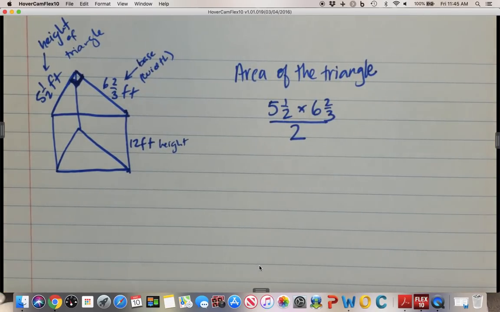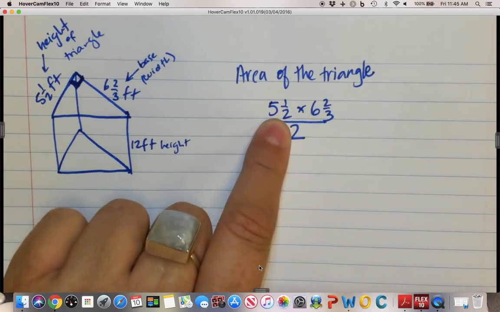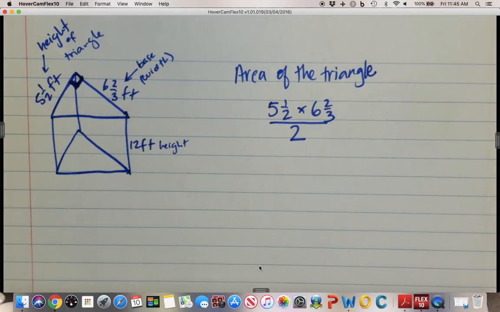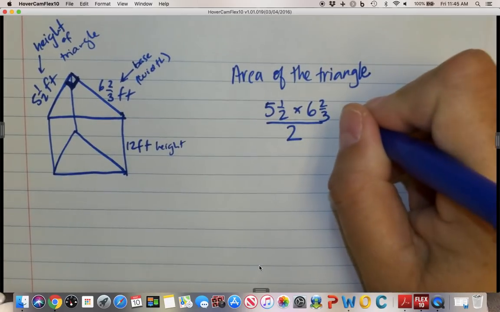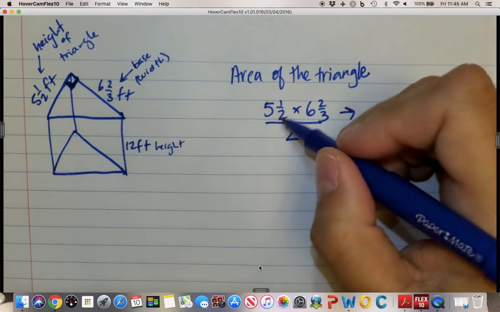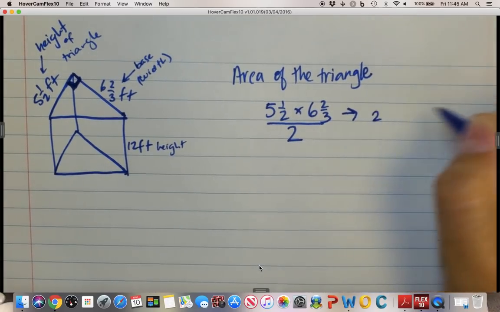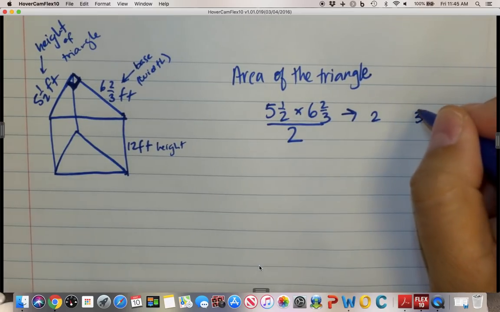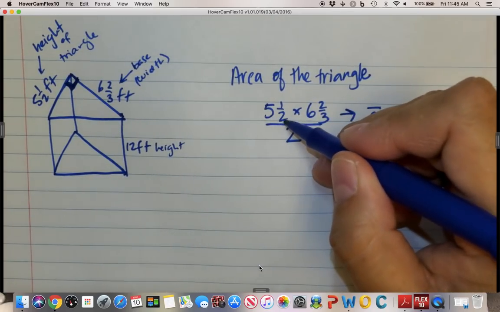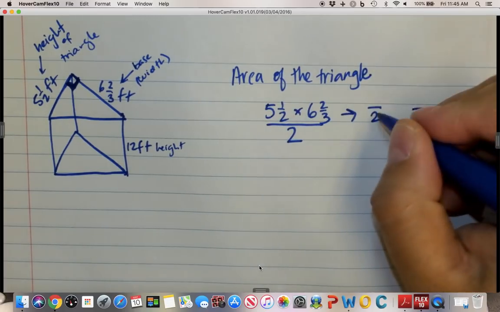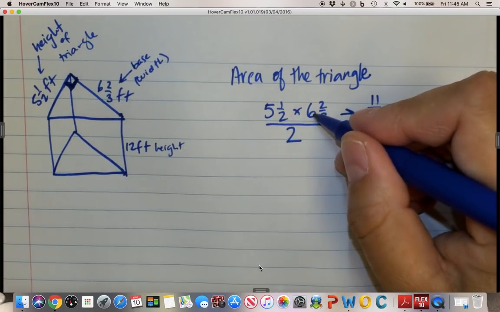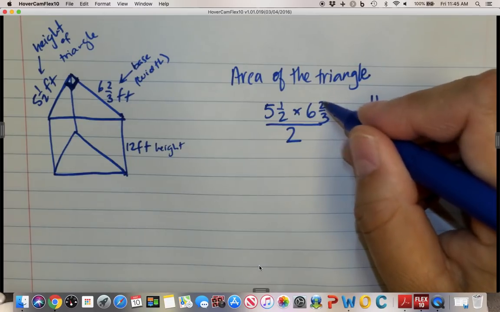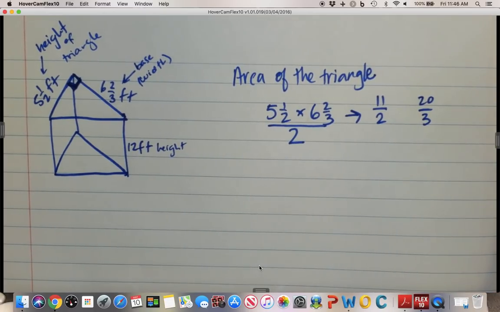In order to multiply these, I have to turn them into improper fractions. So this is going to have a 2, this is going to have a 3 on the bottom. 5 times 2 is 10, 10 plus 1 is 11. 6 times 3 is 18, plus 2 is 20/3.